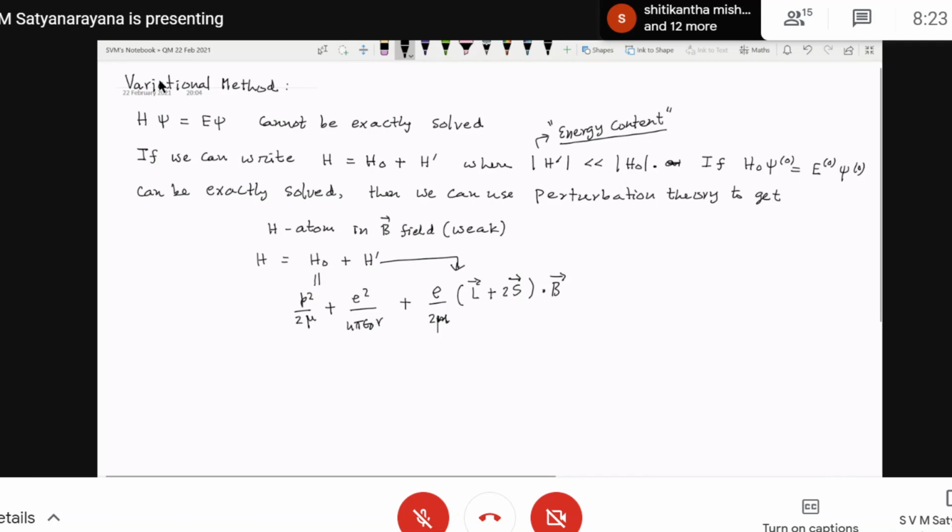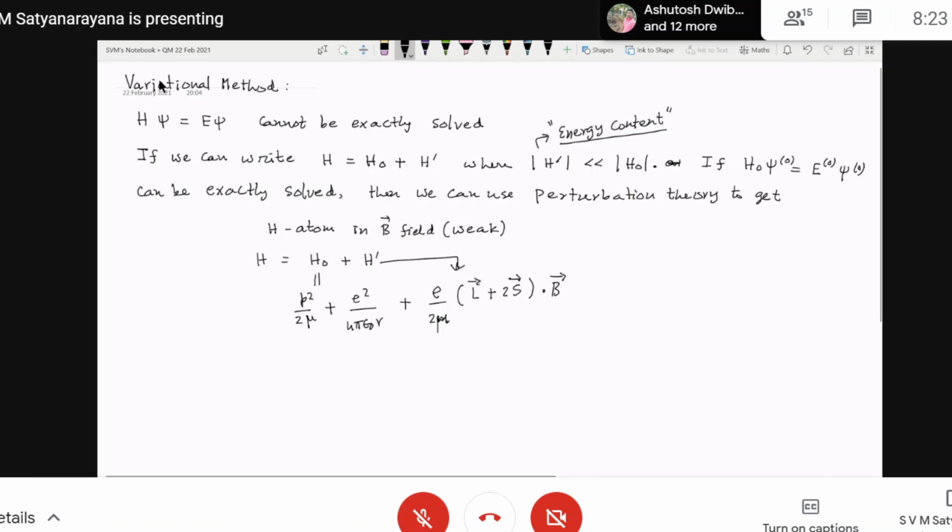If B is weak, then the interaction energy of the magnetic moment with the magnetic field will be smaller compared to this energy.